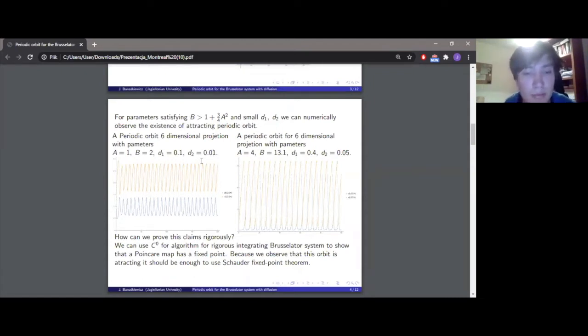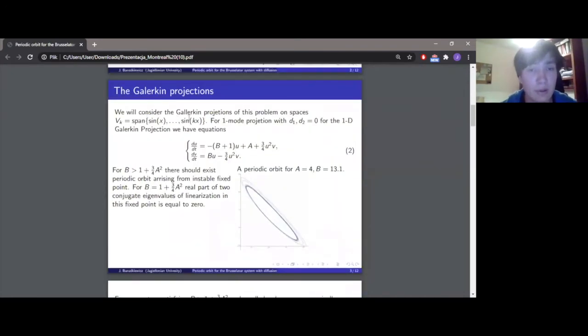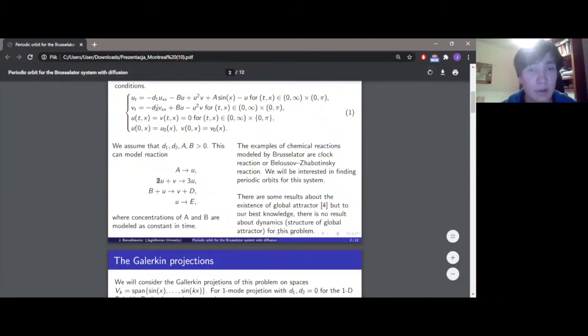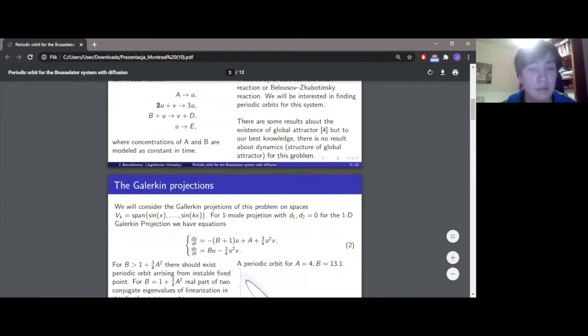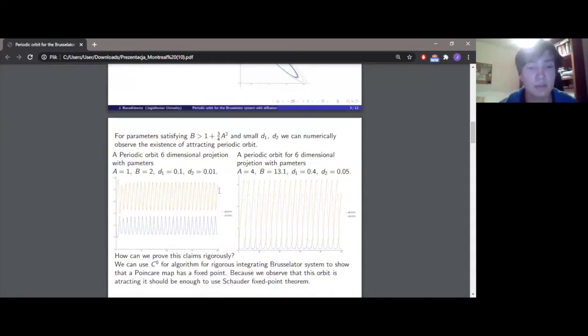These parameters describe diffusions, and we can see that the diffusion for u is much larger than the diffusion for the second variable. If we take them equal, for example putting 0.1 here, there will be a stable point instead of this periodic solution numerically.